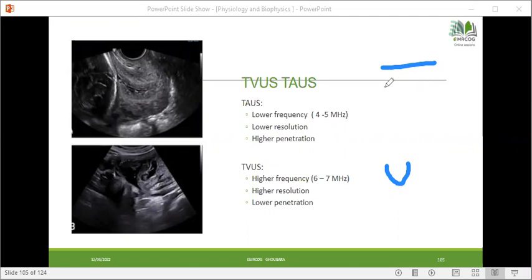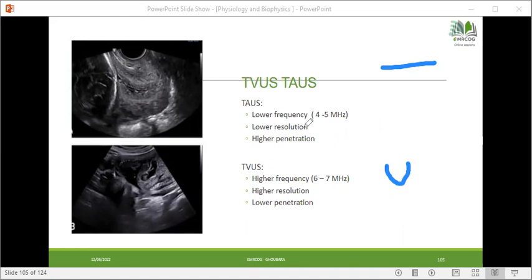When those crystals are concentrated in a small area, the resolution will be higher. That's why the transvaginal probes have higher resolution than the transabdominal. Why? Because the transabdominal probe, like this, has the crystals scattered all over this area, while the same amount of crystals are scattered in a smaller area in the transvaginal.